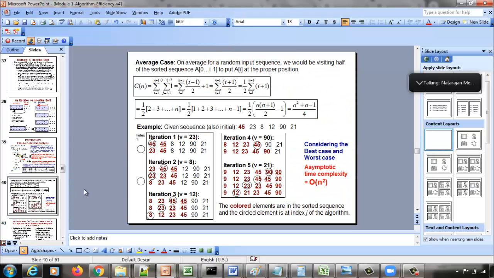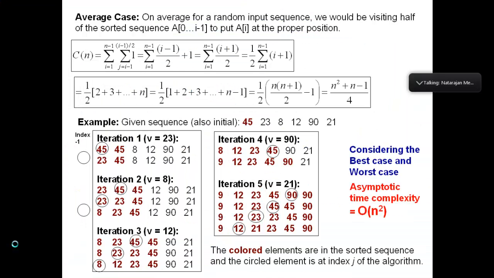Okay, so let us now look at the average case complexity. So far we focused on best case and worst case in most of the algorithms. So let's take up this algorithm to also analyze the average case time complexity theoretically as a function of n.